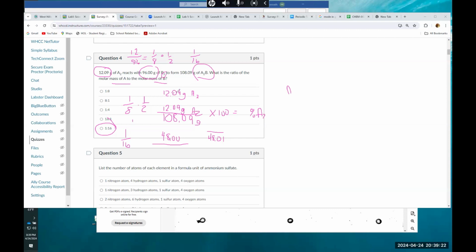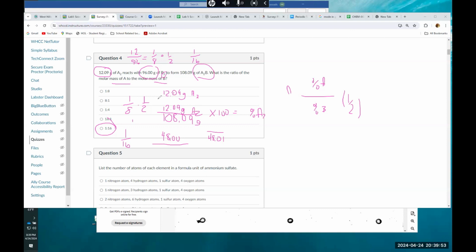But really, all we're doing is taking your percent of A divided by your percent of B. We know that the ratio is always going to be 2-to-1, so we need to also put in another half, because this one only has one, where we always have two of that compound.